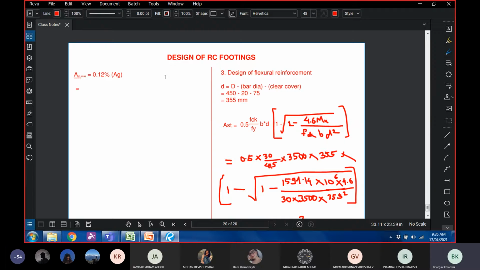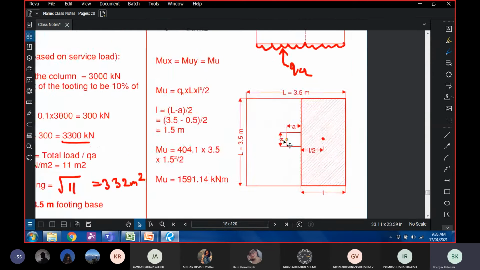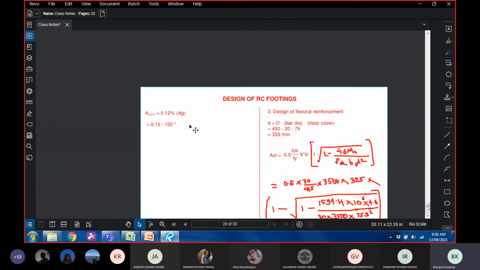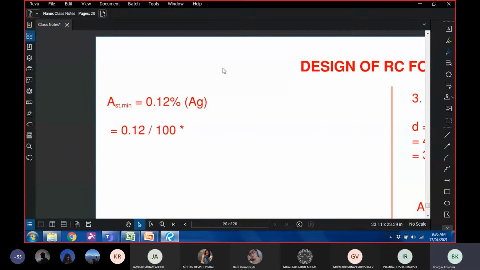So this is equal to 0.12 divided by 100 into, can someone answer which is the gross area that we're talking about? What is the area of the section here? Basically, what I'm asking is what is Ag? So 0.12% of what is the minimum area? If you have understood anything about flexure, you should be able to answer this question.